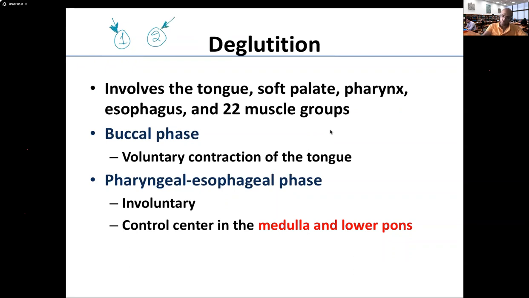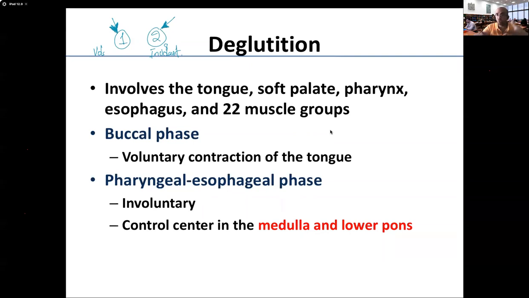If you choose involuntary, please write number 2. So this is voluntary, this is involuntary. 1 and 2, part and part, exactly.